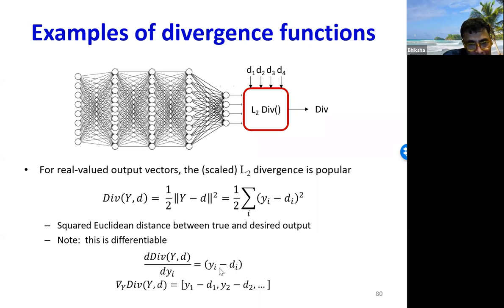And each of these partial derivatives is simply, because of the manner in which we've defined this, the difference between the actual output and the desired output. So this is the actual error. And so the derivative of the divergence with respect to the output vector y is going to be a vector of the errors between the actual output and the desired output. It's a vector of errors for the L2 divergence. This is for the case where we are trying to perform real valued predictions, when the network is computing something real valued.